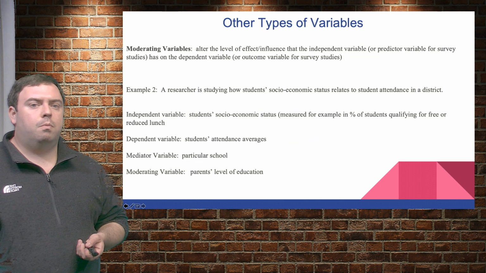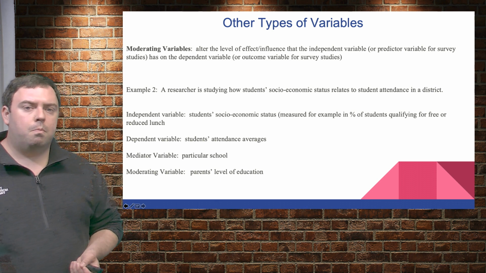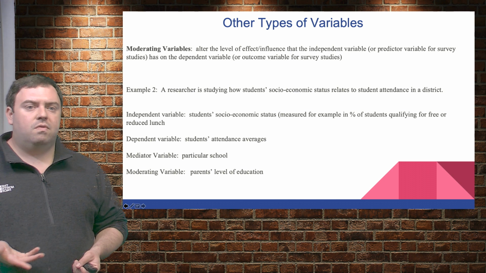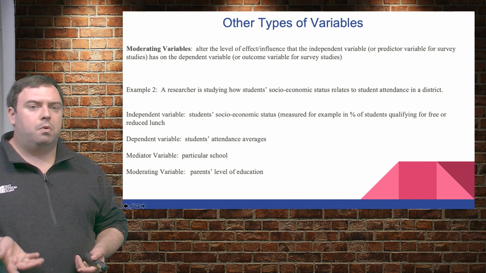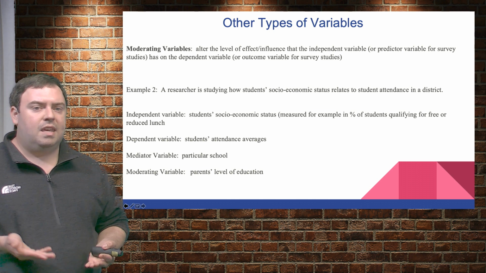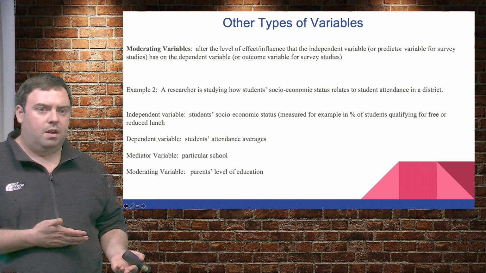So another type of variable that's related to these three variables we talked about earlier is moderating variables. Moderating variables are similar to an intervening or mediator variable in that it's not directly the independent variable or the dependent variable.